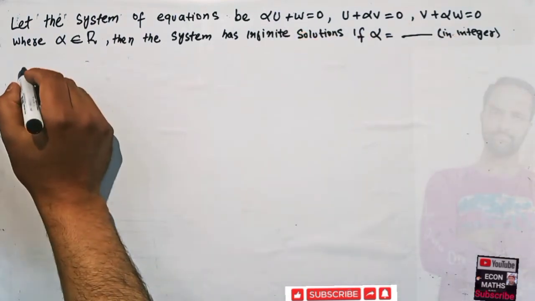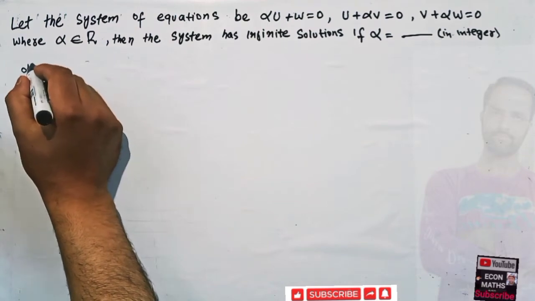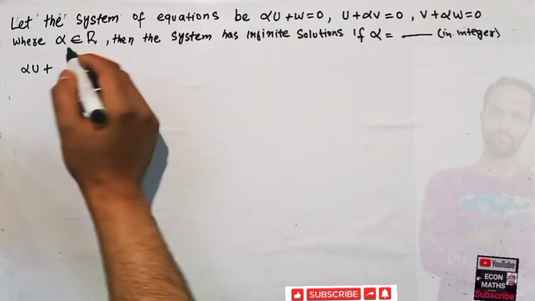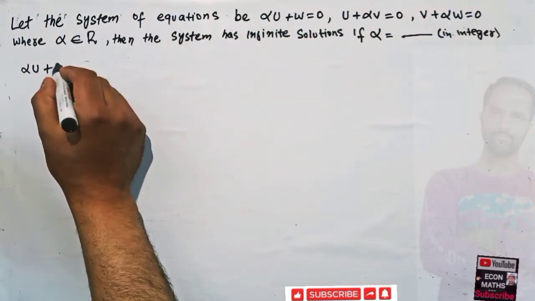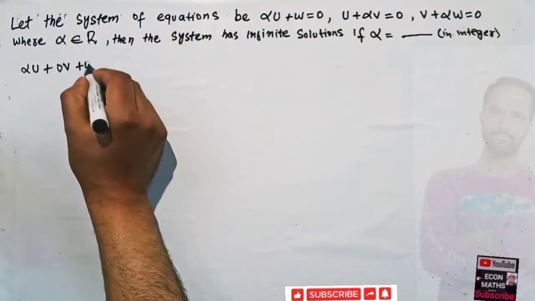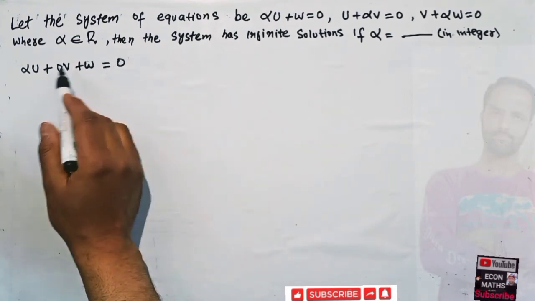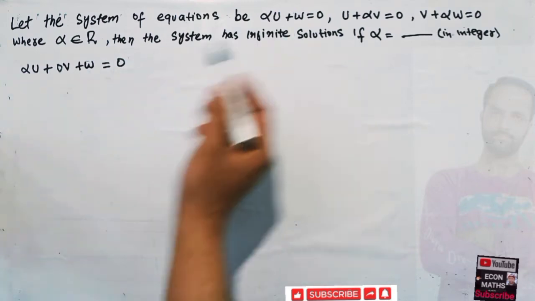So we have alpha u plus, in place of v, I can write here 0v plus w is equal to 0. So 0 times v is 0, so we are left with alpha u plus w.